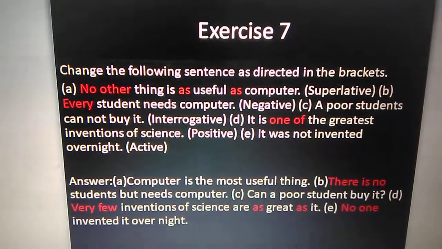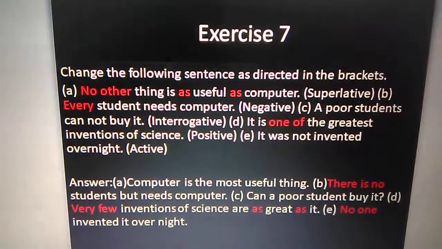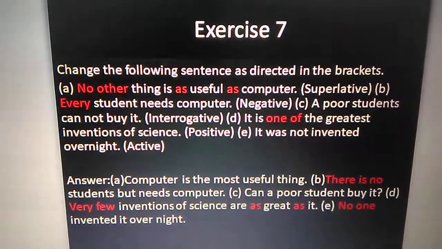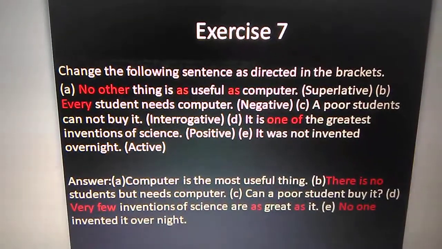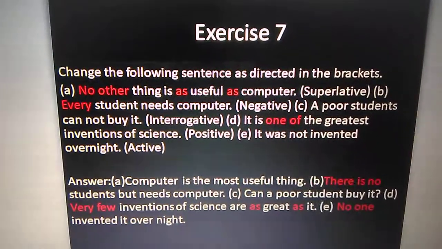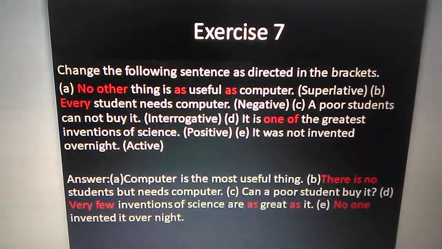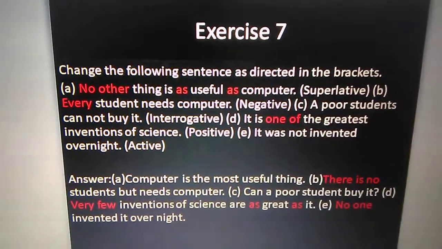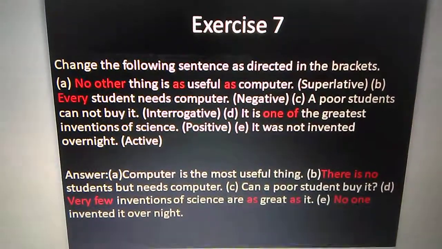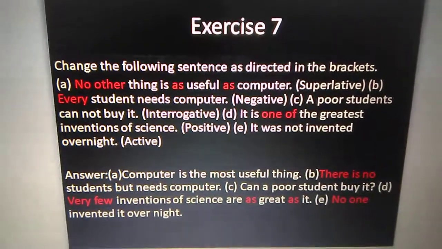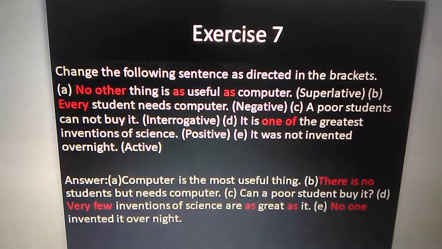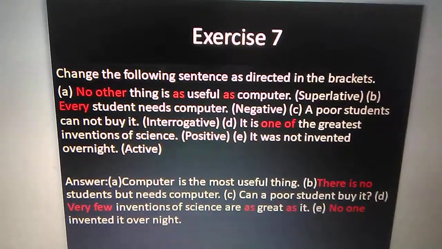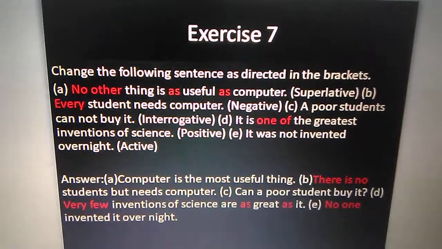When you are going to change the sentence, you have to keep in mind what you have to eliminate from the sentence and what you have to add newly. No other thing is as useful as computer. This is a positive sentence. If you want to change it into superlative, you have to delete "no other" from the sentence.